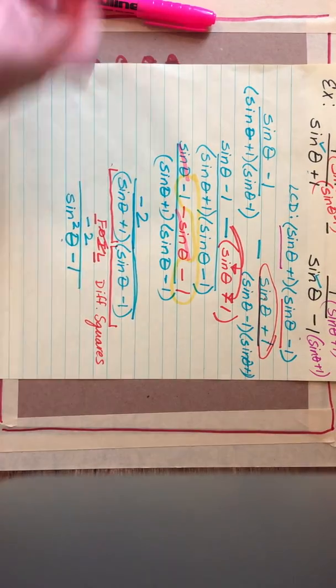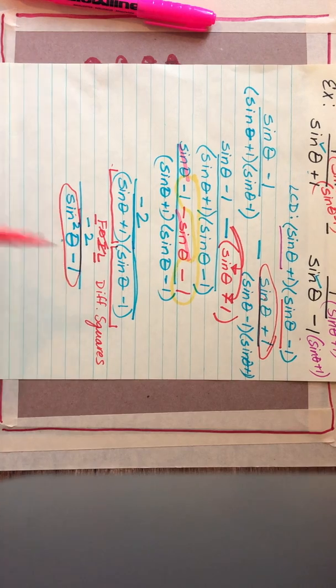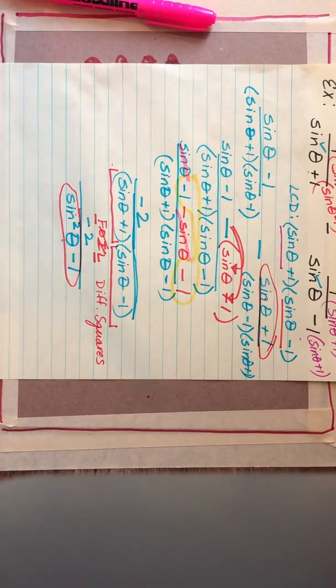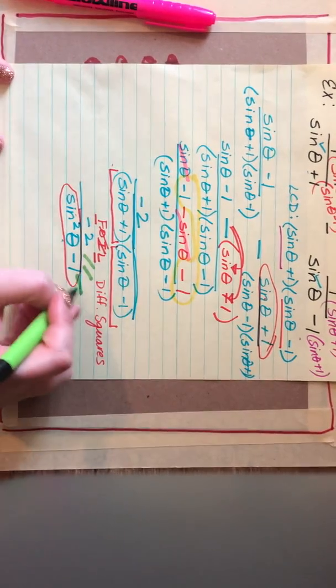Now I want to somehow get this to be smaller into just one thing. Anytime you ever see sine squared, something squared with a 1, like a plus or a -1, it should alert you.